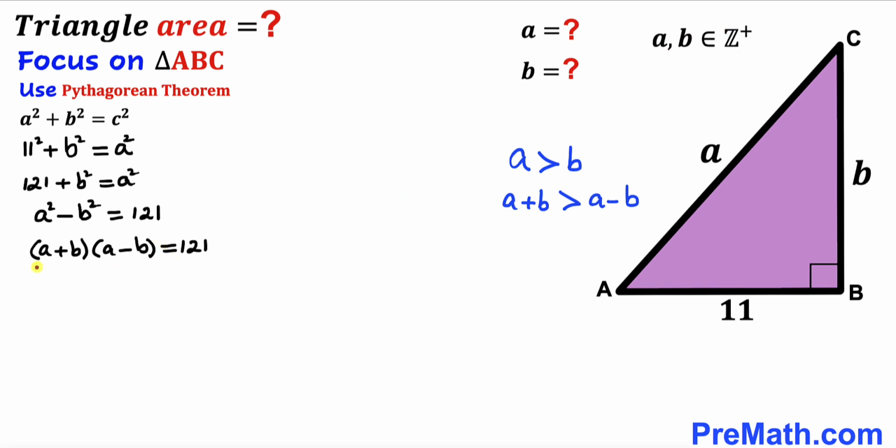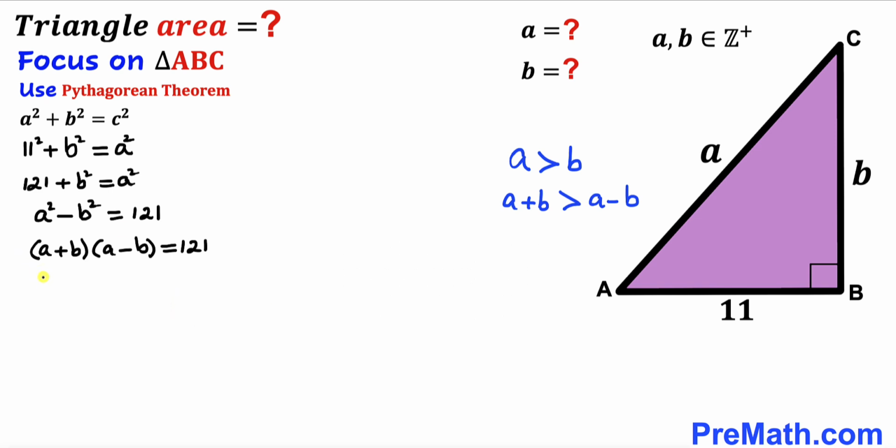Now let's make an observation. The left hand side is the product of two factors, so we are going to find two factors on the right hand side as well. The possible factors for 121 are either 11 times 11, or 121 times 1. Now we know that a plus b is larger than a minus b, so the only feasible scenario is 121 times 1.